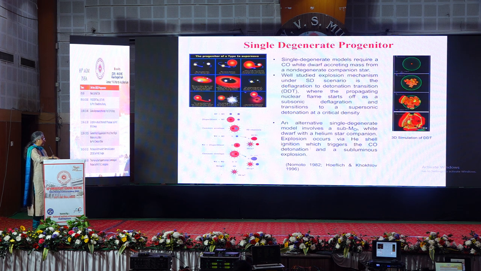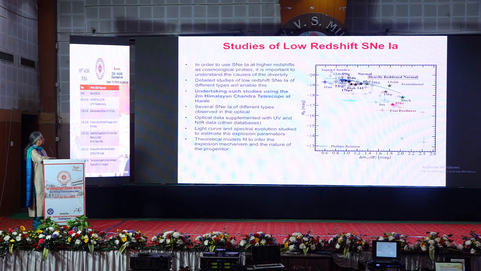As an alternative, one can also have a sub-Chandrasekhar mass white dwarf with a helium star companion, and the explosion will occur in the accreted helium shell. The burning first begins in the helium layer, and then propagates onto the carbon-oxygen core. This kind of burning will give rise to a subluminous explosion. So these are the various kinds of progenitors and explosion models which have been proposed to explain the diversity seen in type 1a supernovae.